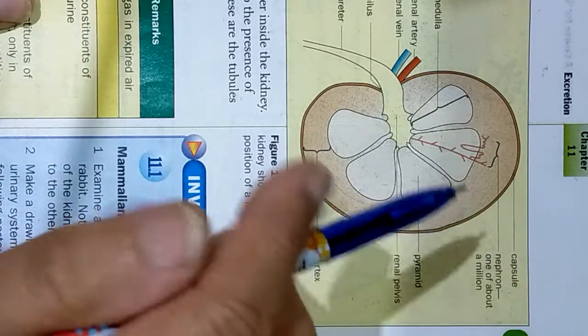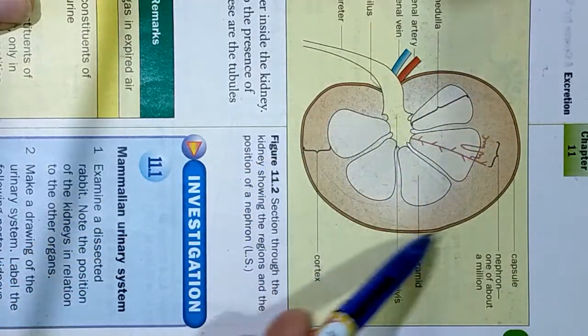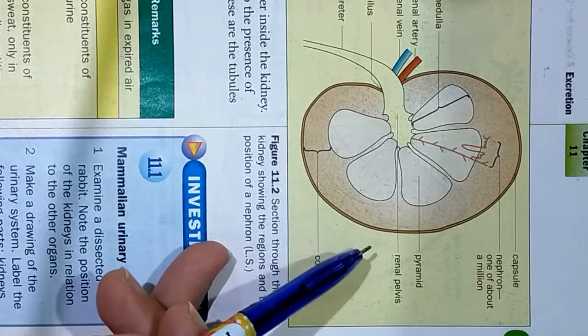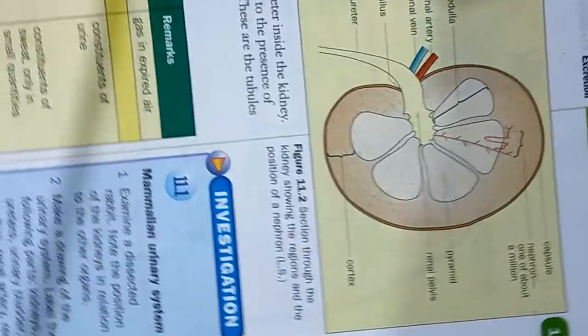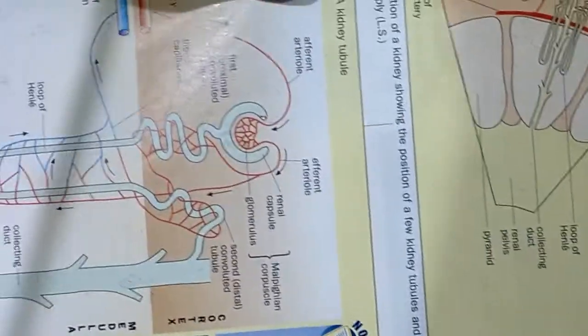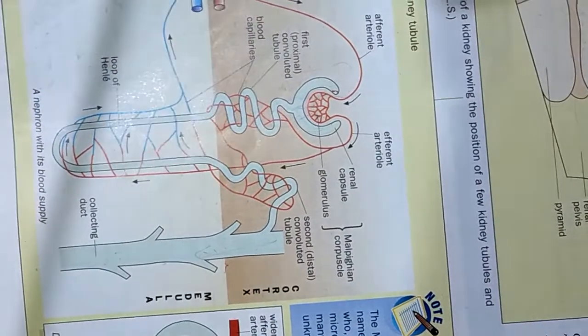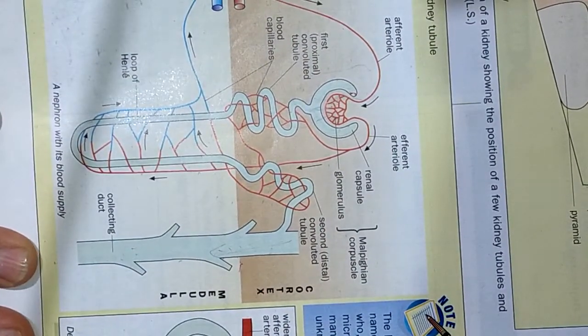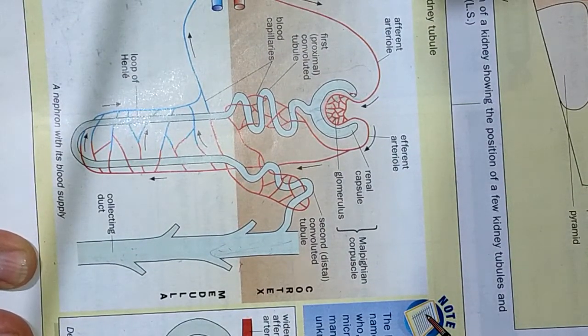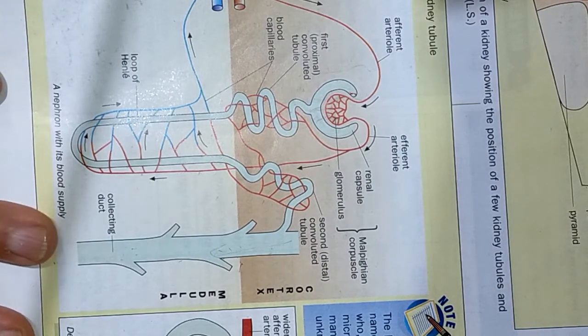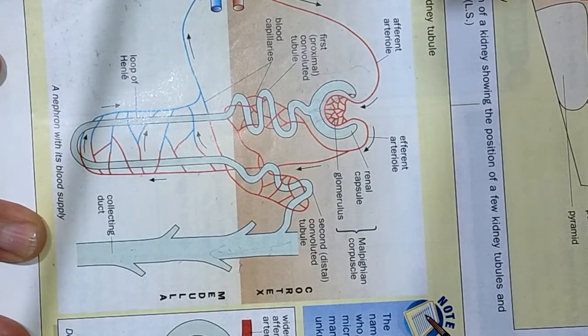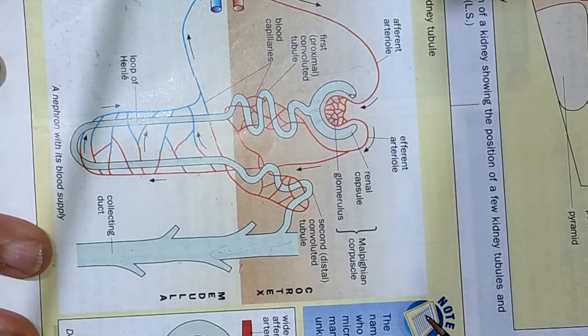So this is the longitudinal section of a human kidney. Now I will explain the structure of the nephron, which is very important. Here we will study the structure of the nephron and its function, how the kidney performs its function.